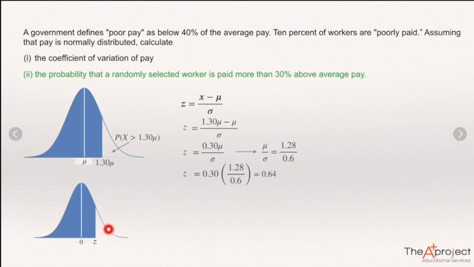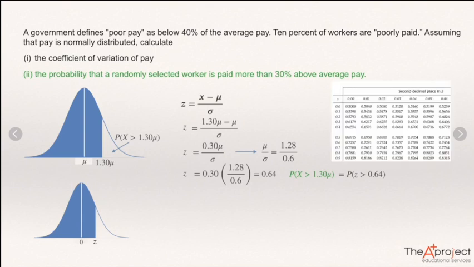So of course we can use a software or we can use a table. So to get the probability of the random variable x is greater than 1.30 mu will be the same as finding the probability that the z is greater than 0.64, and this is the value that we can find in the table. So let's take the table and let's find the value z equals 0.64.